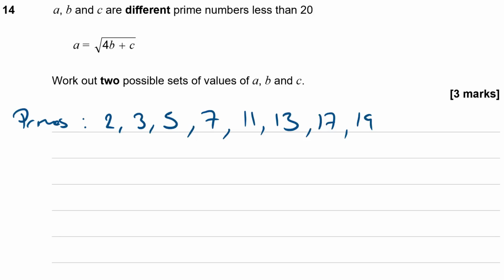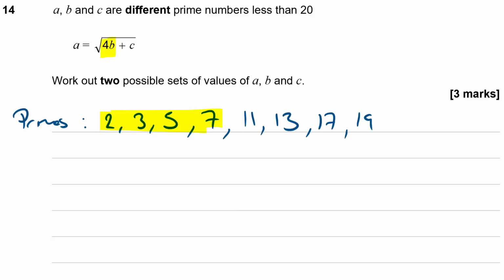So let's see if we can think it through a little bit and make the choices easier for us. We're going to have to take the value of B and times it by 4. So I imagine we're going to have to pick our values of B from the lower end of the group. Otherwise, if we multiply 17 or 19 by 4, our number's going to get too big, I think. So I'm going to try picking my numbers for B at this end.